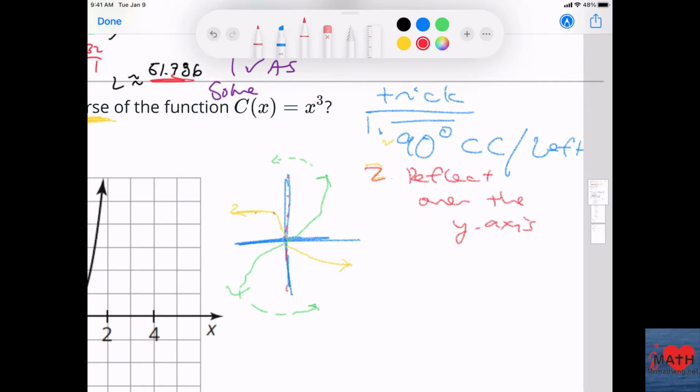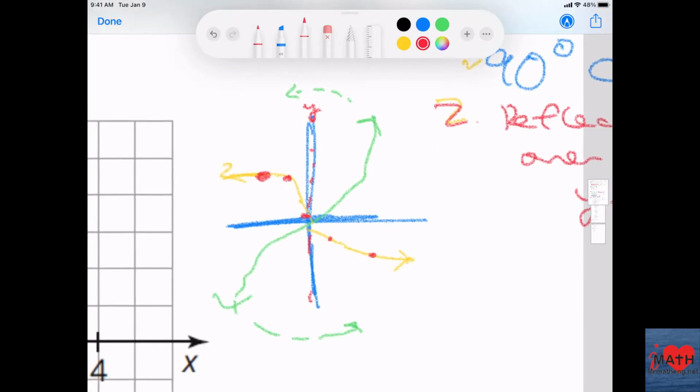So if you remember those reference points, they were like this one, right? They're going to go across the y-axis here. So that means those points are going to be something like here, here, and here, and here, and here.